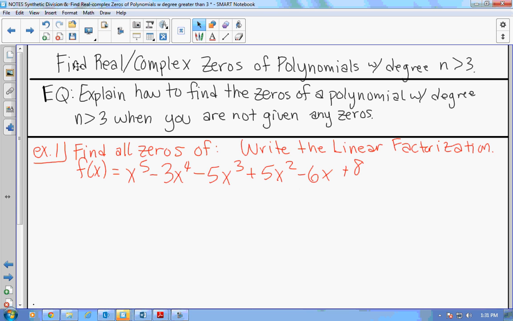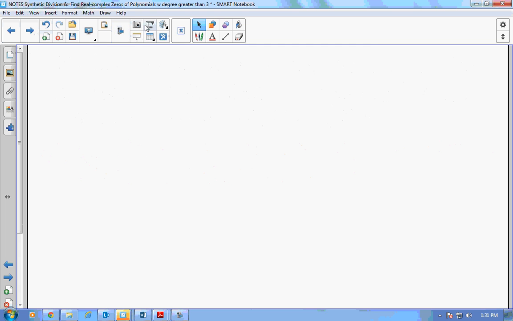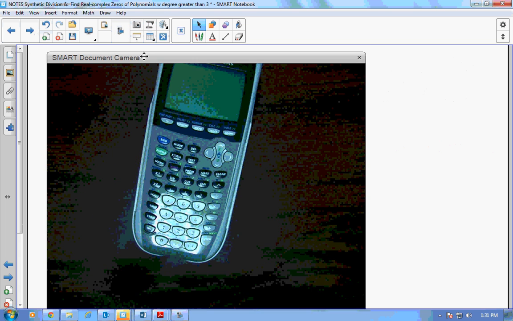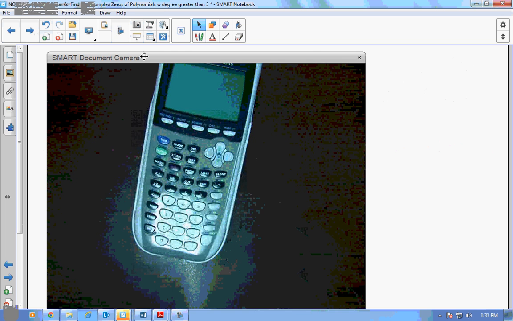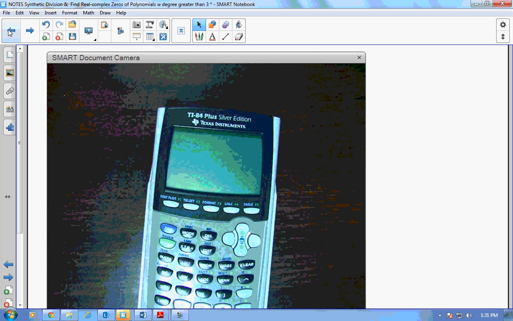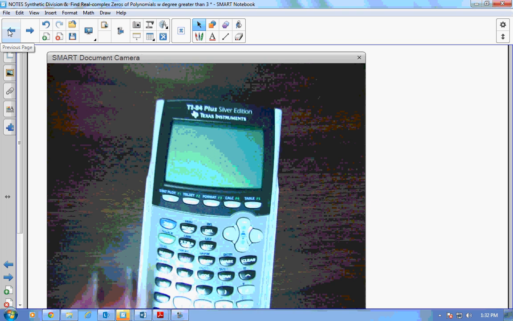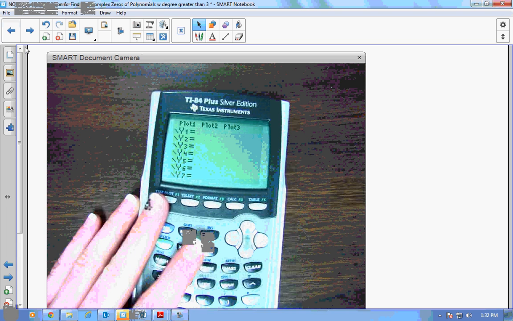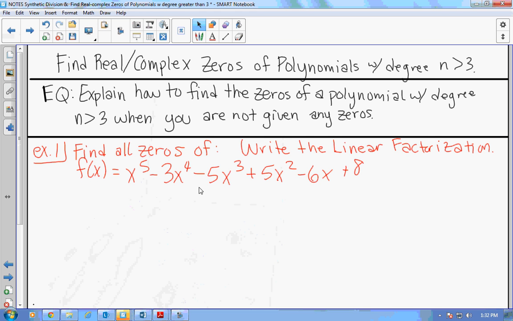So would you go, please, to your y equals button. Okay, turn your calculator on. Go to y equals and type in this that you already put on your notes. Write this down because I'm going to need Aruna to tell me, because I can't see both screens at the same time.